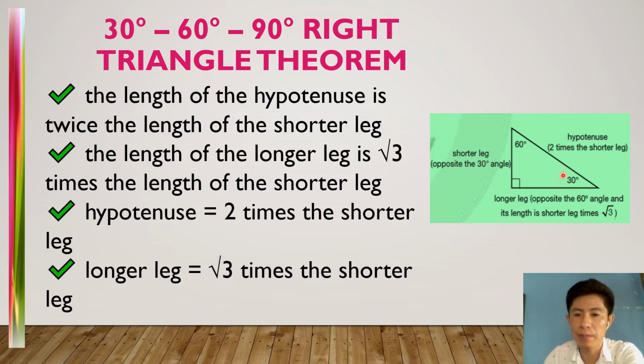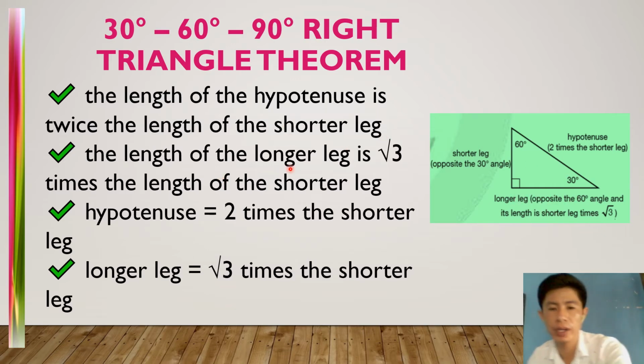While the side opposite the 60 degrees angle is called the longer leg. Yung pinakamaikli na side, yan yung shorter leg. Yung pinakamahabang side, that is the hypotenuse. And the remaining side is the longer leg.